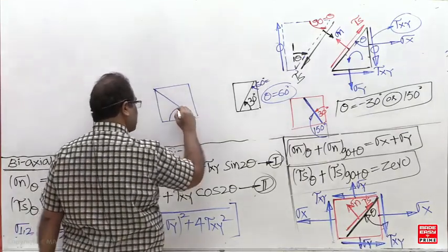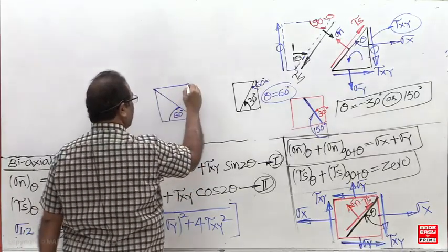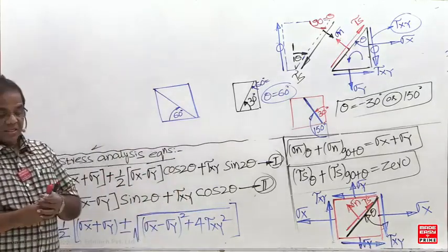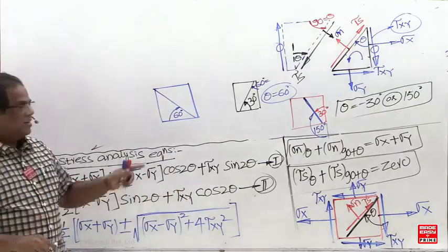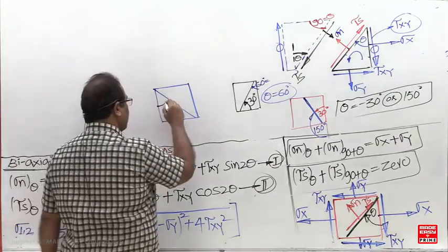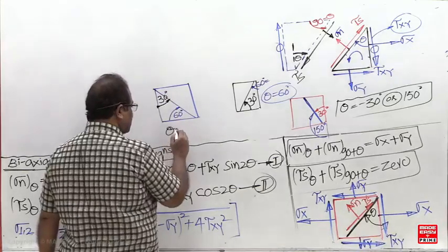Some questions are given like this. In this case, what is theta? Theta should be measured from which face? X face. X face means, in our case, the vertical line. So this angle is 30. Here theta is plus 30 or minus 30?